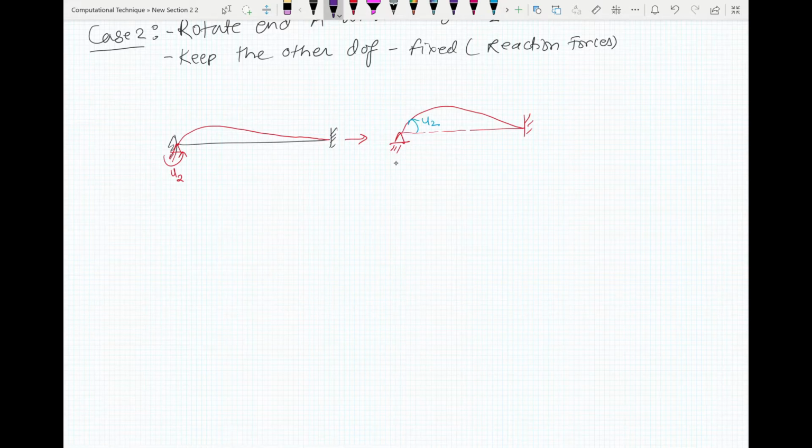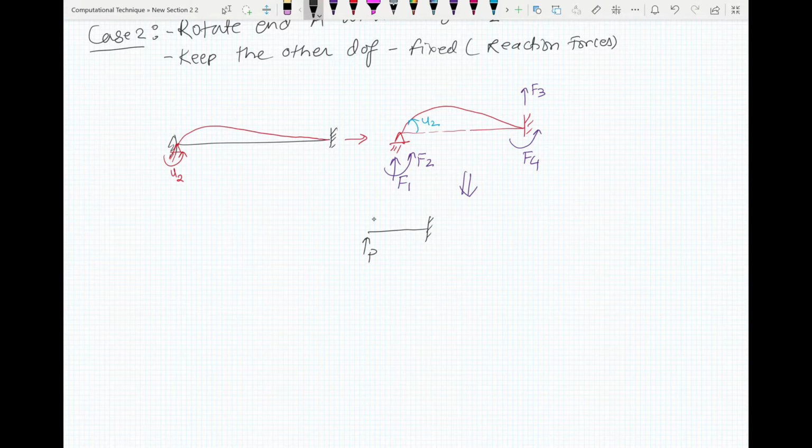Because of U2, there will be force F1, F2, F3 and F4. Here also we'll write this as a superposition of two cases.